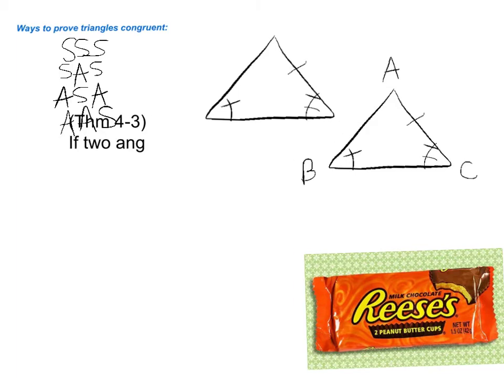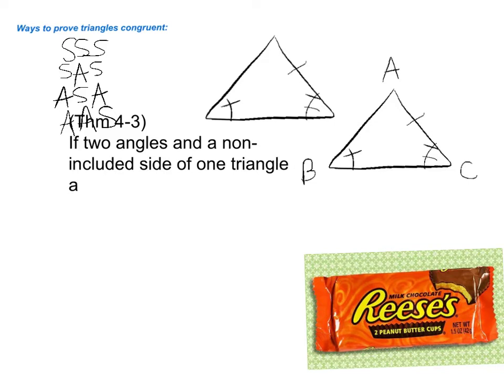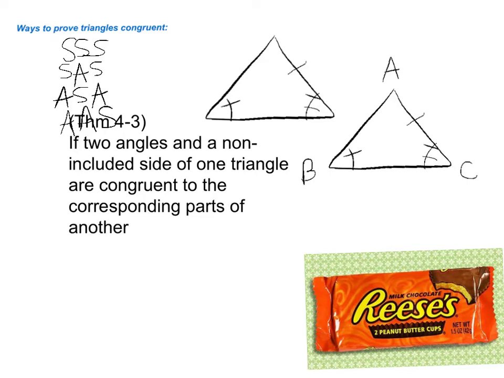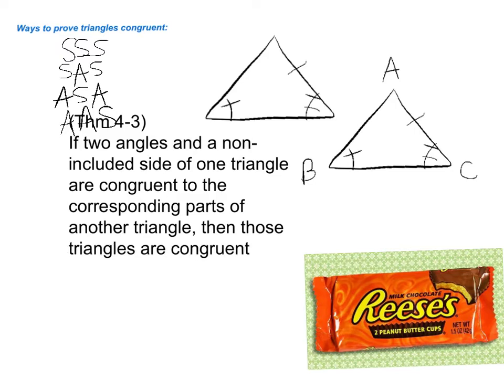If 2 angles and a non-included, this is kind of a new word, non-included side of one triangle are congruent to the corresponding parts of another triangle, then those triangles are congruent.